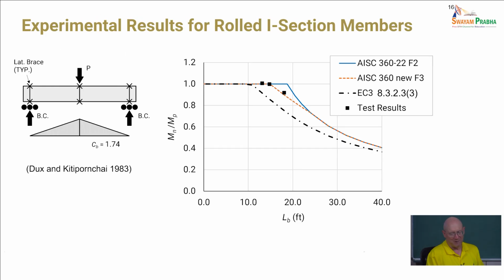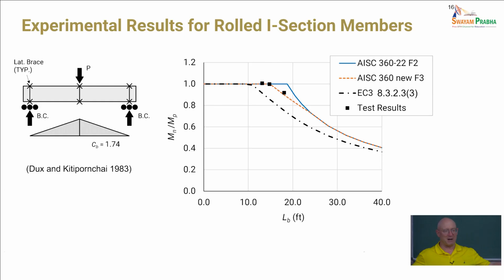One thing that kind of saves us here is that for a rolled section, the section properties, the flanges are typically wide enough, even for the beam sections.